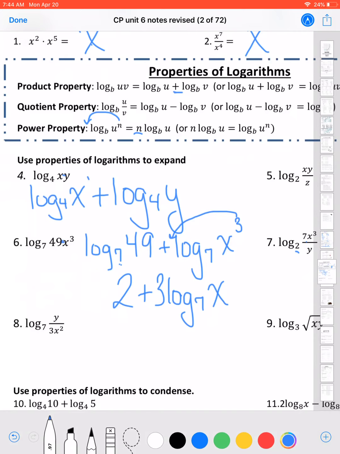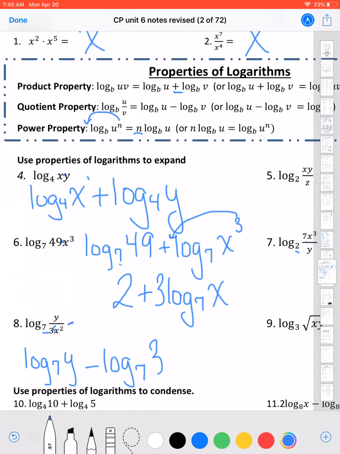For something like number 8, whenever you see division, it is subtracting. So I'm going to first put the log base 7 of y. That's in the numerator, so I'm going to keep that positive. Anything in the denominator, I'm going to put a minus in front. So minus log base 7 of 3.